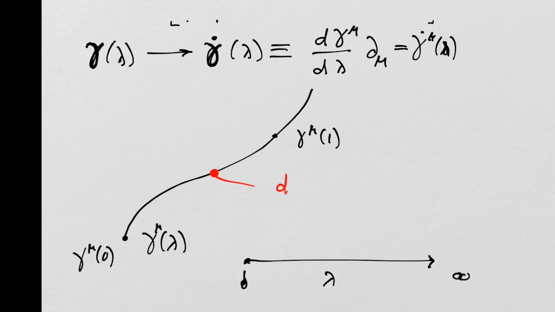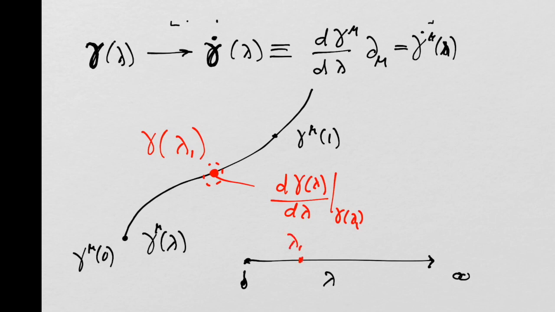So dγ(λ)/dλ, evaluated at γ(λ), which in this case is that point right there. Let's call that point λ_1, just some subscript to show that the value at that point is γ(λ_1), right? And then λ_1 might be like right there.